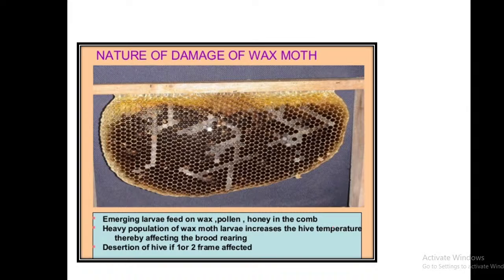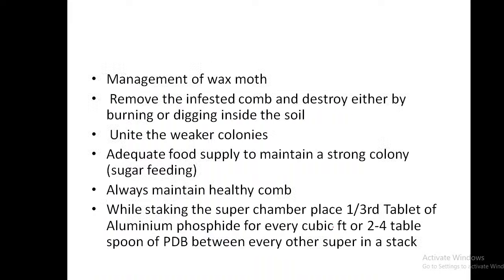Now we'll have a look at the general measures of how to protect the beehives. The beehives can be protected from the wax moth by fumigation, of course, or they can be treated by using aluminum phosphide.